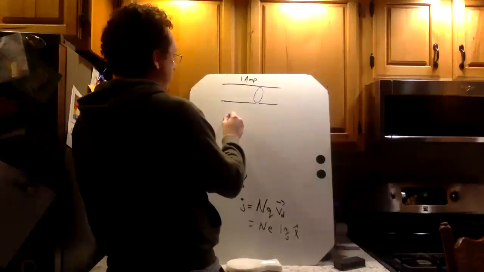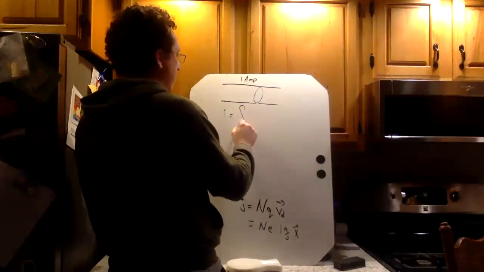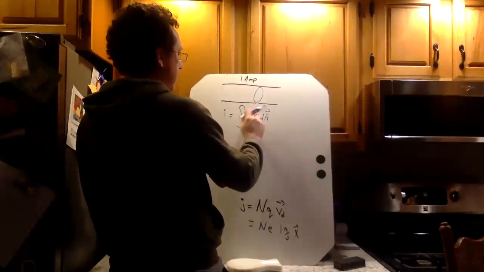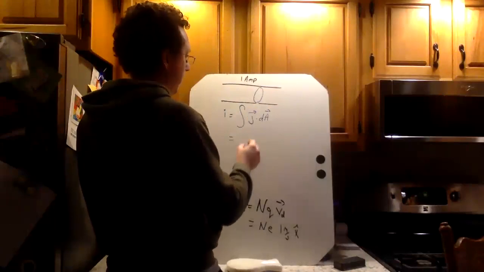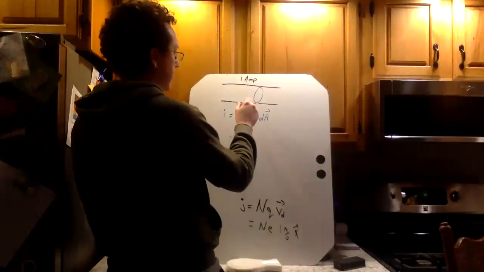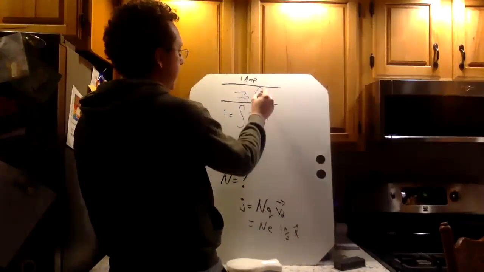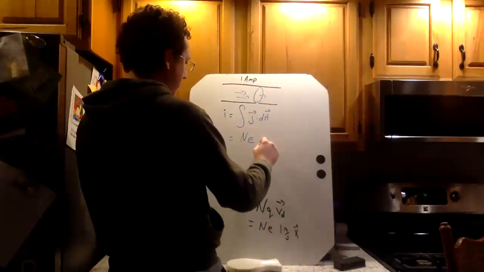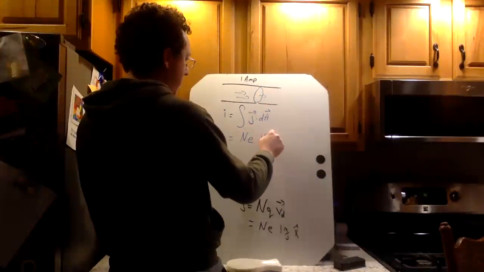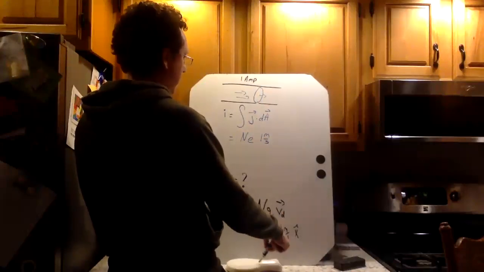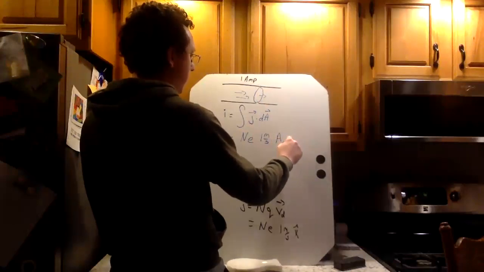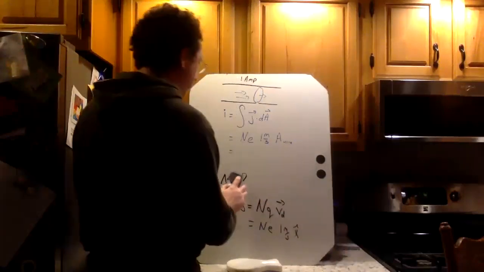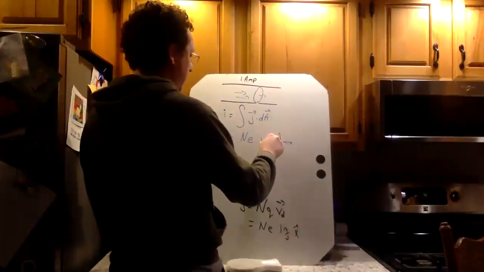And the formula for current, I, is the integral of J dot dA. Well, J points in the X hat direction, and dA points in the X hat direction. So that's nothing other than N E times 1 meter per second times the area of the wire. I'll write drift velocity, VD.